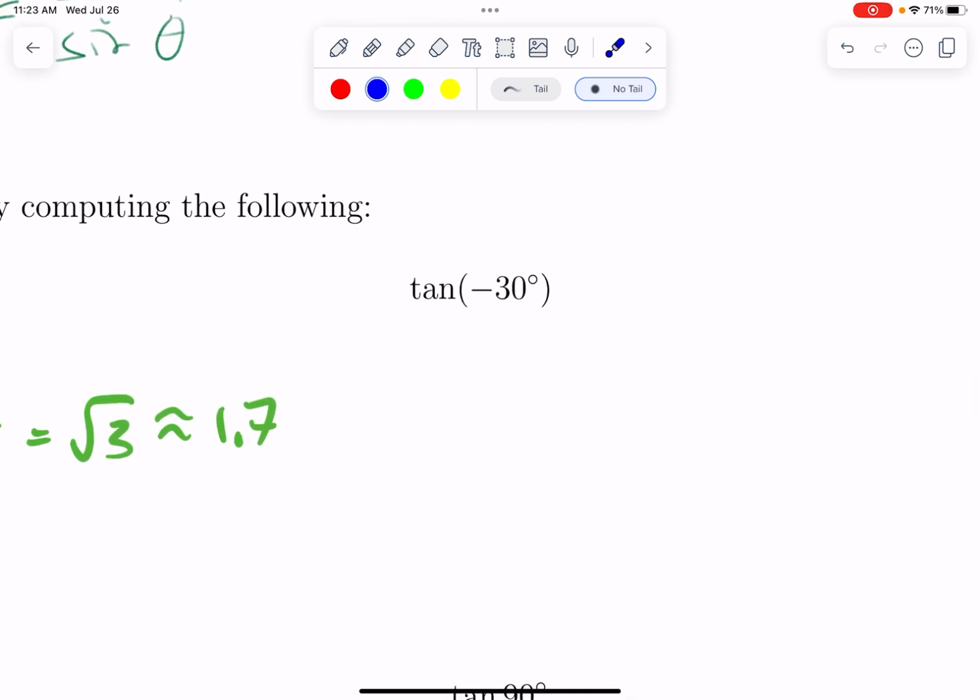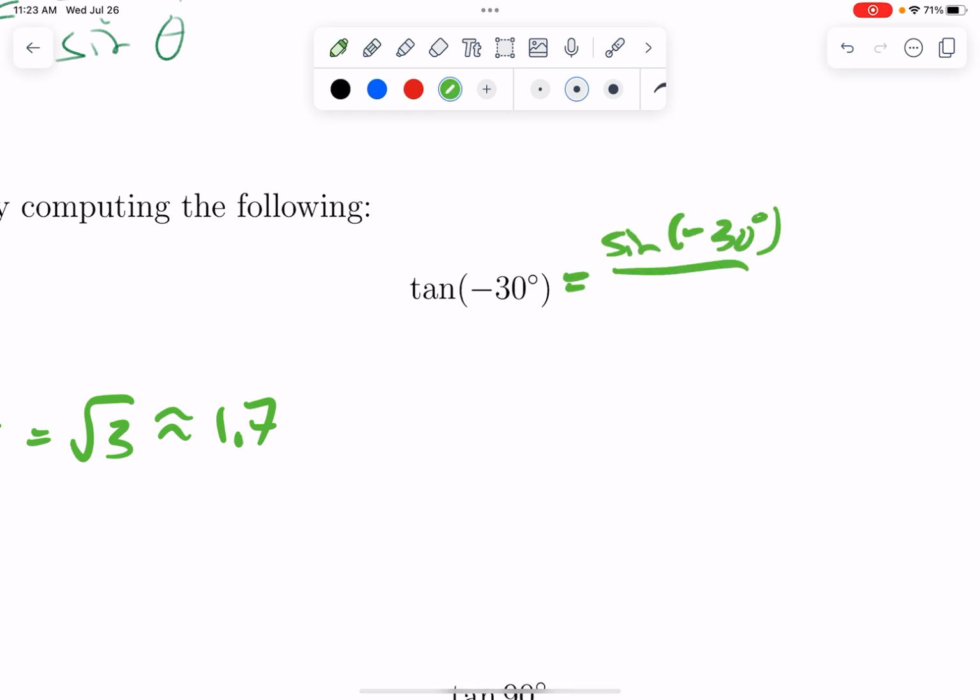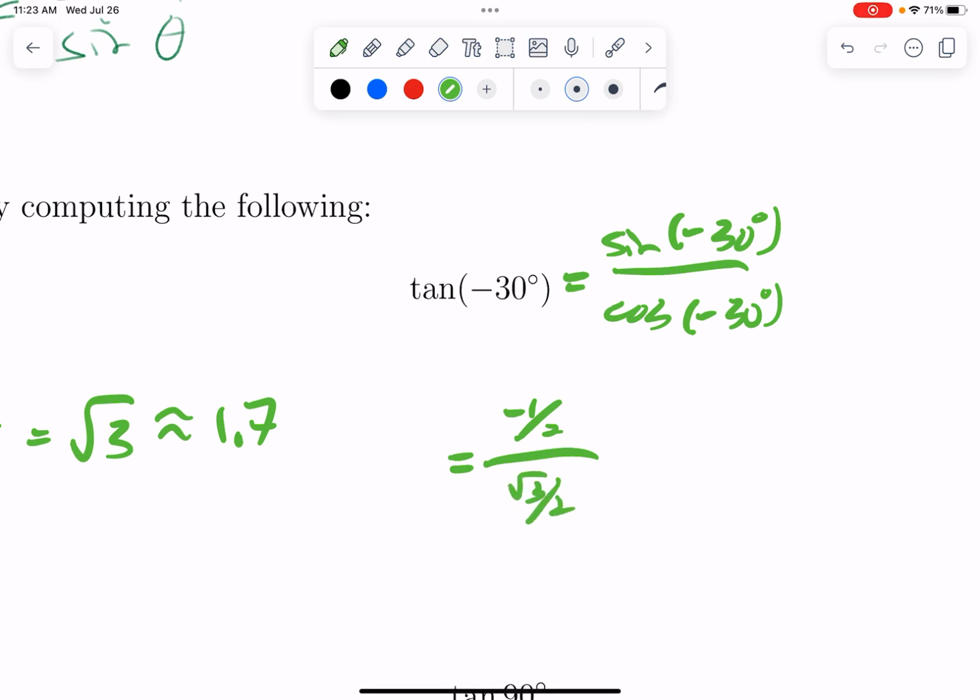Tangent of negative 30 degrees would be the sine of negative 30 degrees over the cosine of negative 30 degrees. That would be negative 1/2 over root 3 over 2. And again, let's try to simplify that. The 2's actually cancel and we get negative 1 over root 3.